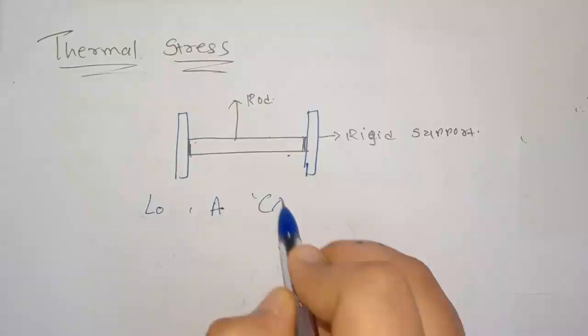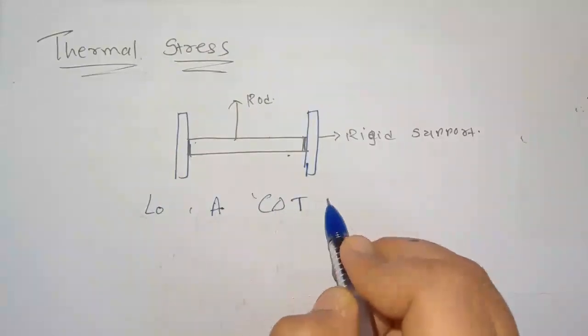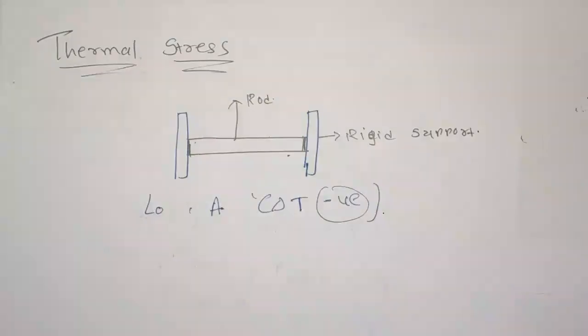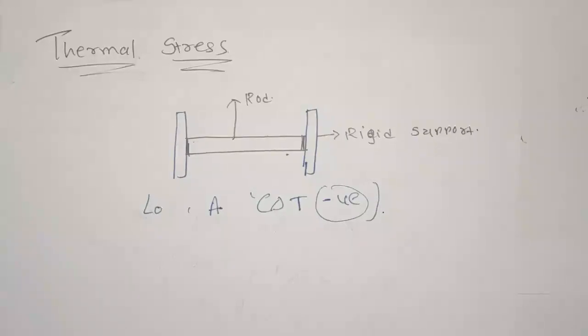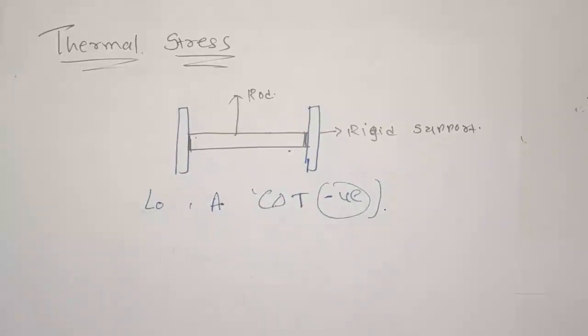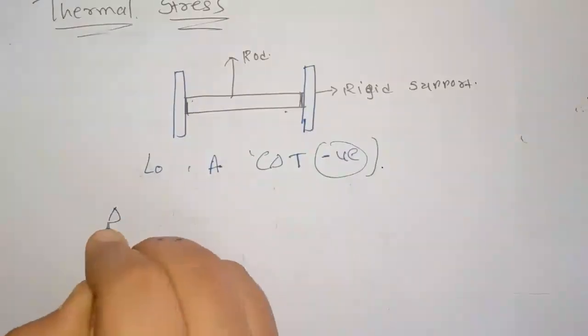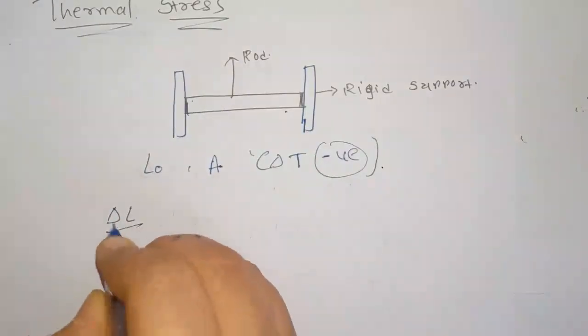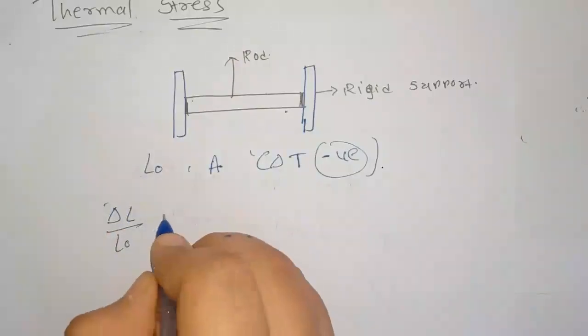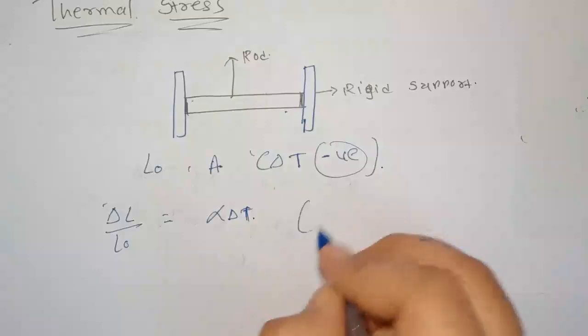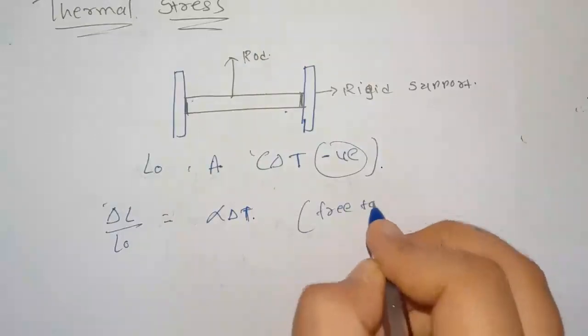Temperature is reduced, that means delta T will be negative, causing a tensile stress. The fractional change in length if the rod were free to contract would be delta L upon L0 equal to alpha delta T.